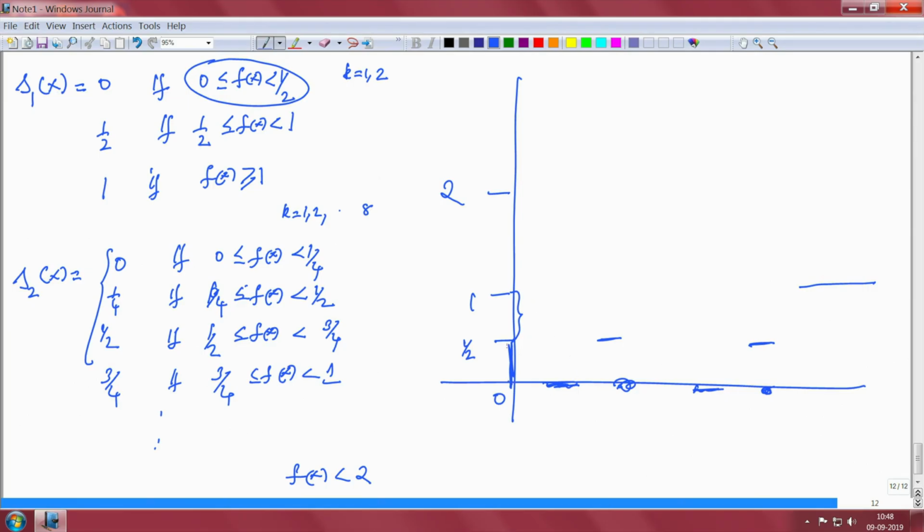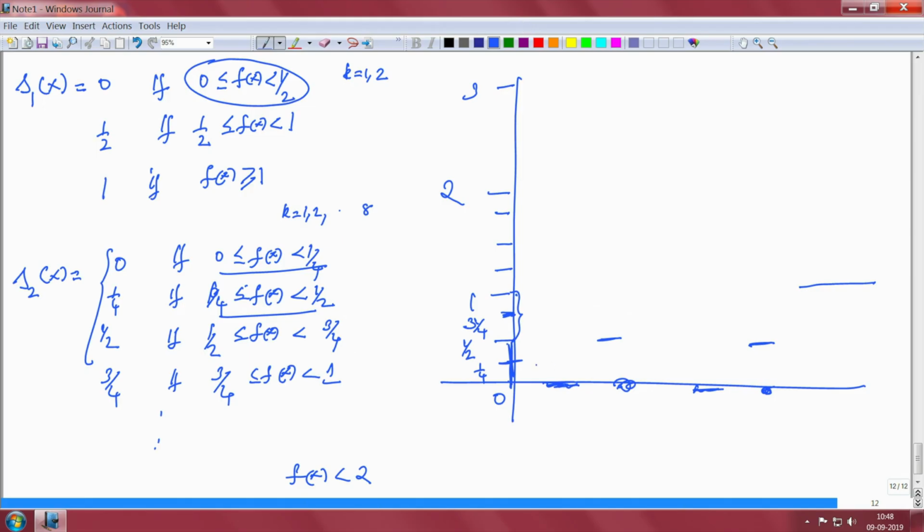Okay. So, let's see what we did. Initially we had 0 to half and half to 1, and that became 0 to 1/4 and 1/4 to half. So, this interval got divided into 2. Similarly, this interval got divided into 2, and this interval got divided into 4 equal parts, and so on.